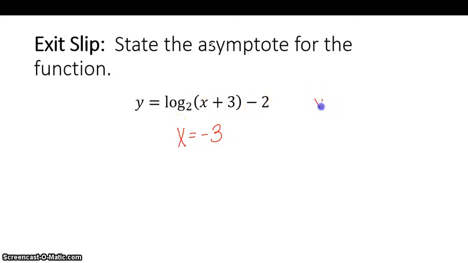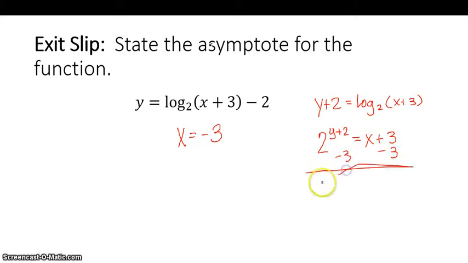So you would have gotten y plus 2 equals log base 2 of x plus 3. Then you would have changed this to exponential form, so 2 raised to the y plus 2 equals x plus 3. And then you would have subtracted the 3 over and gotten this. Which again, this would be your asymptote number, which is exactly what I had here.